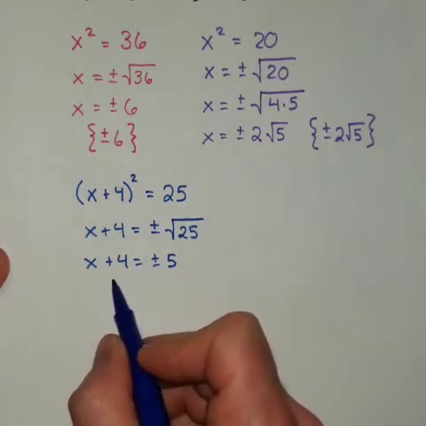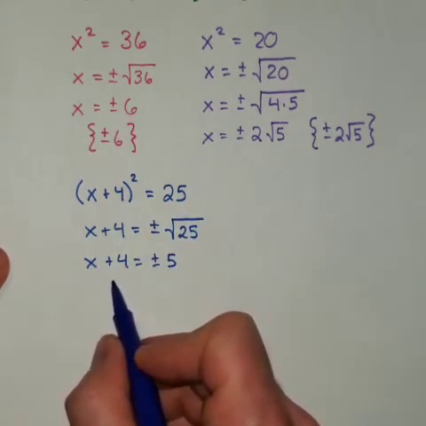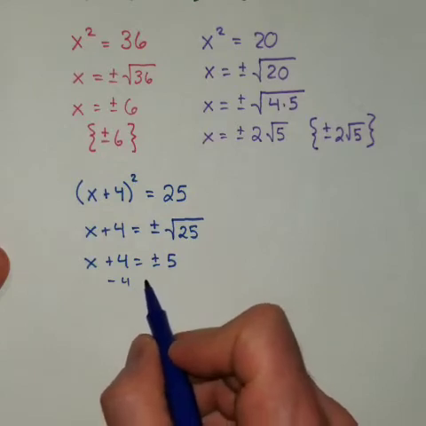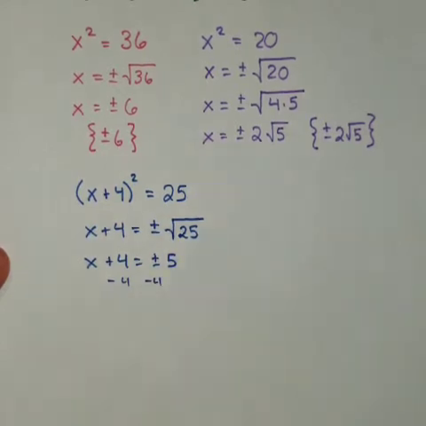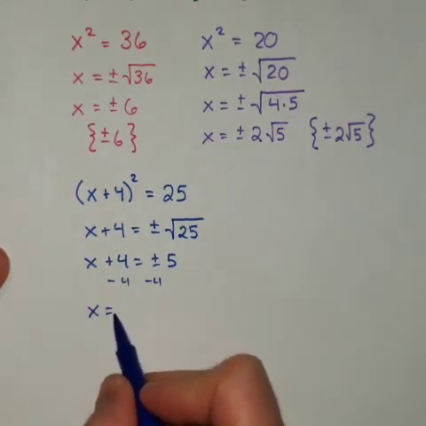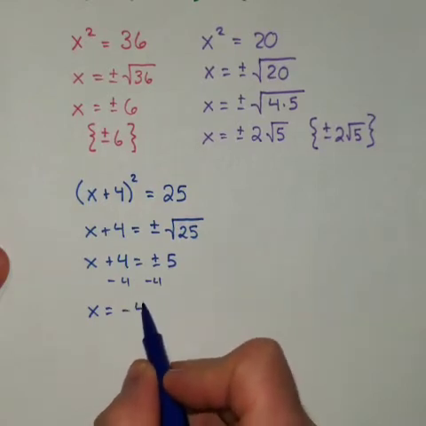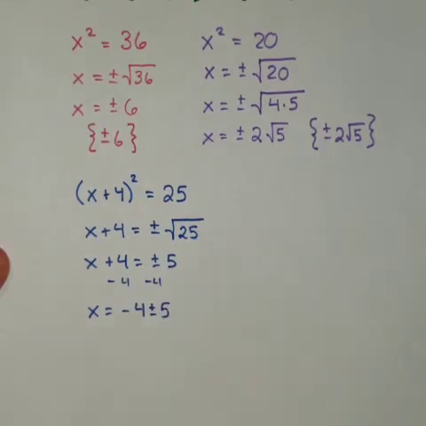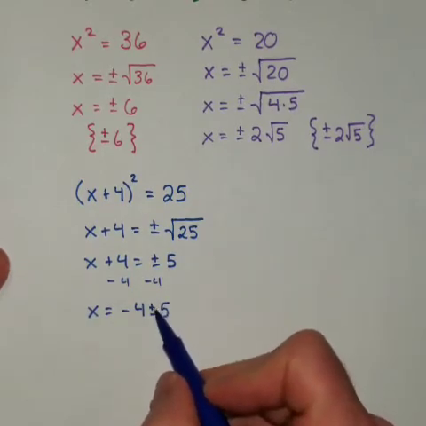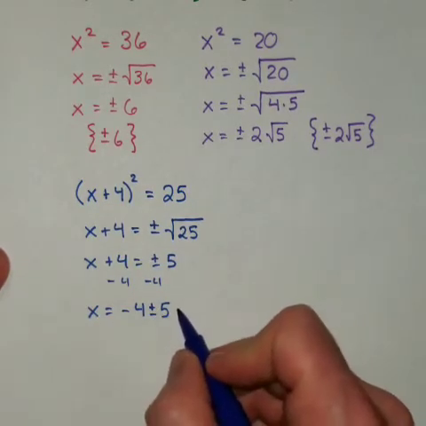And of course, we want to get x by itself. So here I would subtract a 4. Now when I subtract the 4 from both sides, you're going to get negative 4 plus or minus 5. That actually leads us again to two answers, one using the plus and one using the minus.